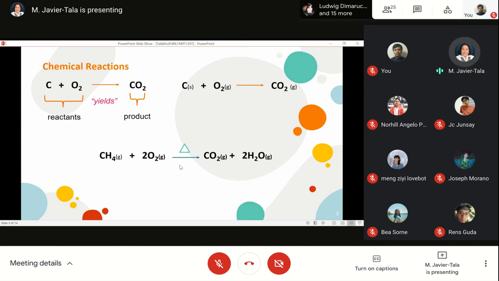But in this reaction, the triangle there indicates heat. It means the heat speeds up this reaction. As you can see here, CH4, that is methane gas, and 2 moles of oxygen in gas form, yields carbon dioxide gas and 2 moles of water vapor. Water vapor because water is in gaseous form in this chemical equation.